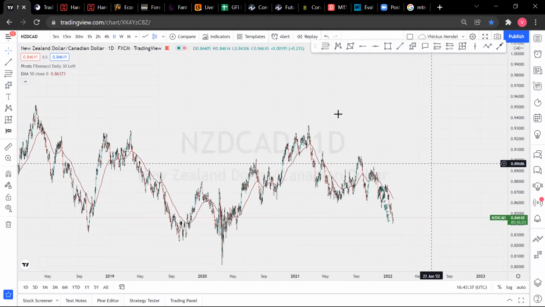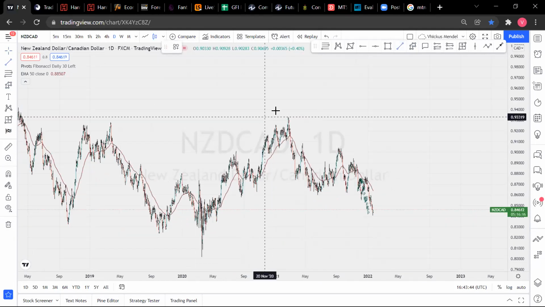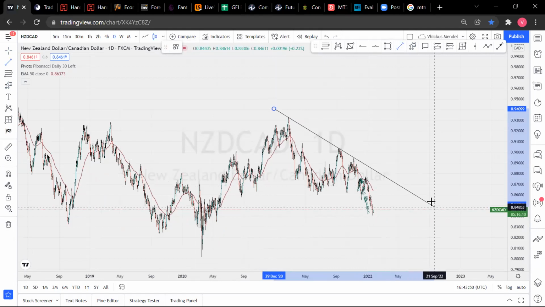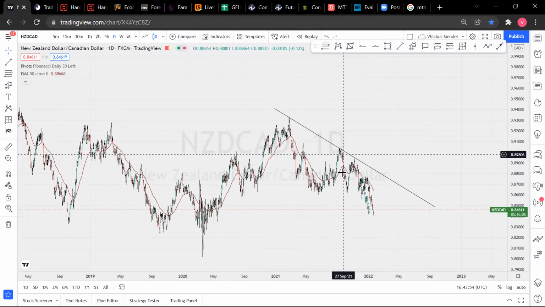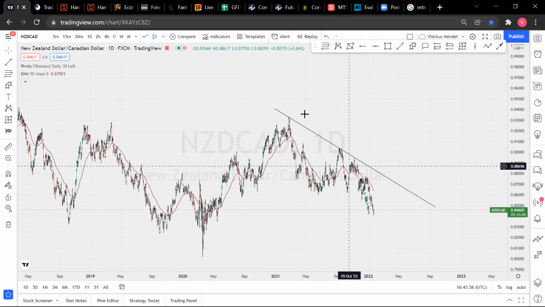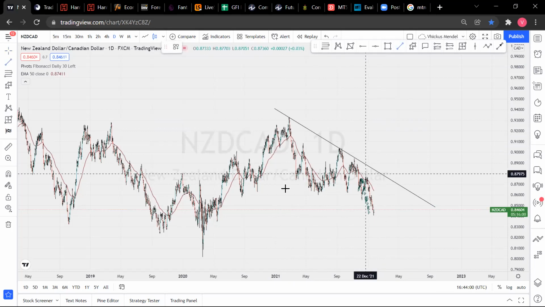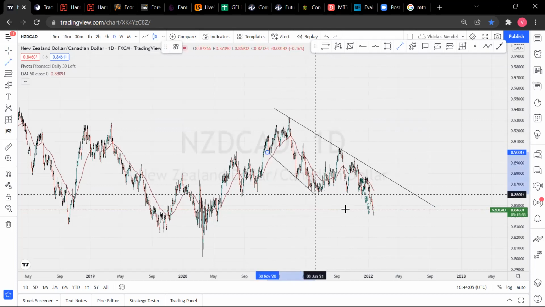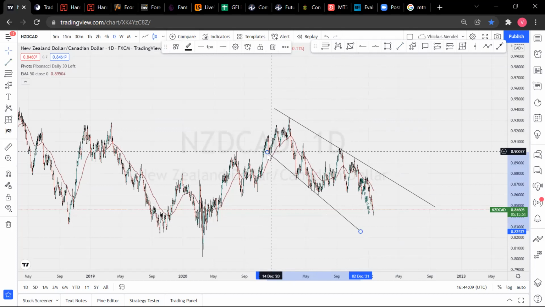So now that we know how to draw trend lines, please don't forget the major rule. When you're drawing a trend line, at least two or more of the wicks should touch the trend line. It should be easy and flexible.